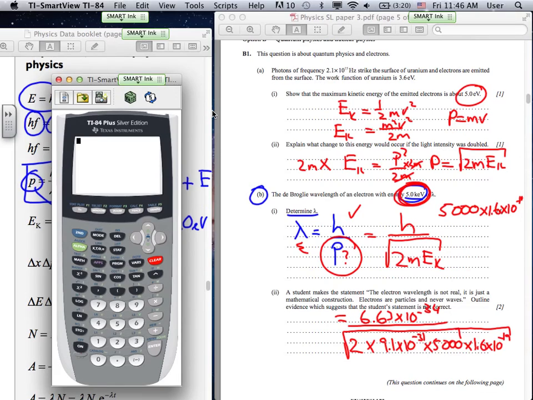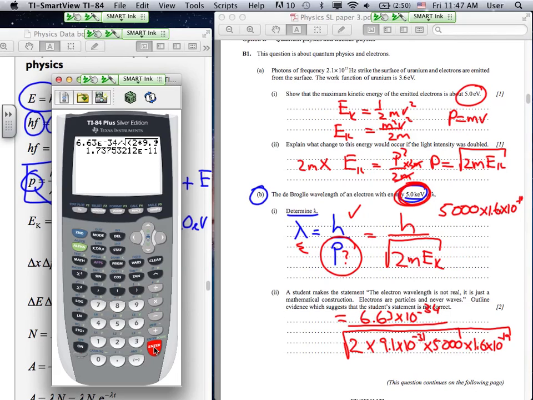So we've got 6.63 exponent negative 34 divided by, and here we are getting the square root, so we want to put this all into brackets in the square root, so it's 2 times 9.1 exponent negative 31 times, I'm just going to write this as 5,000 times 1.6 and I've got the exponent negative 19, and then I'm going to close my brackets at the end, push enter, and hopefully I get something reasonable, which does seem to be.